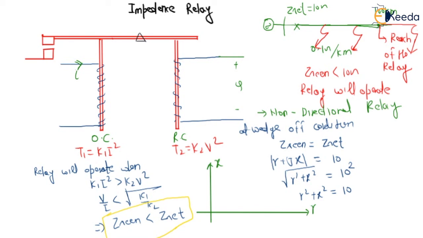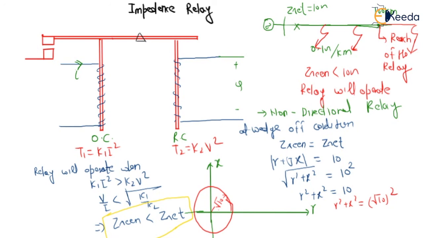So with the red pen, if you draw this circle, what does it mean? It means R square plus X square is equal to 10 square, so this radius will be 10.